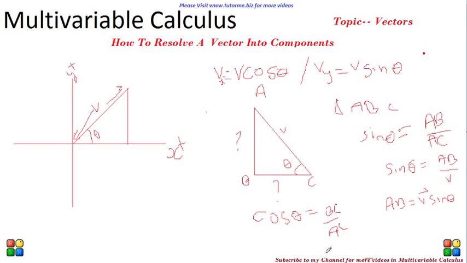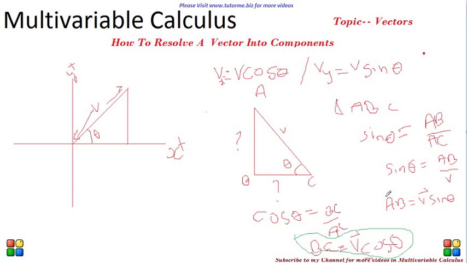So in that case my BC would be AC, which in my case is vector v, times cosine of theta. Okay, so we have found two terms here.